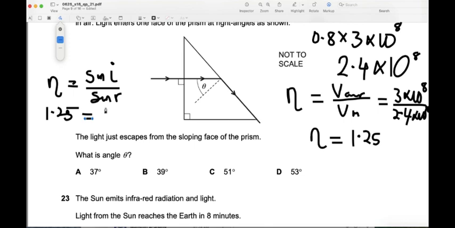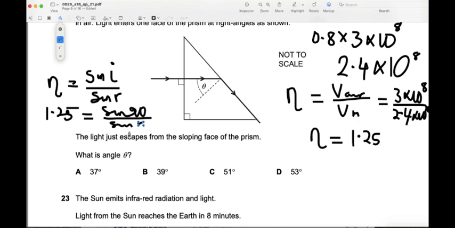I think sine 90 is 1, right? So let's find sine R first.